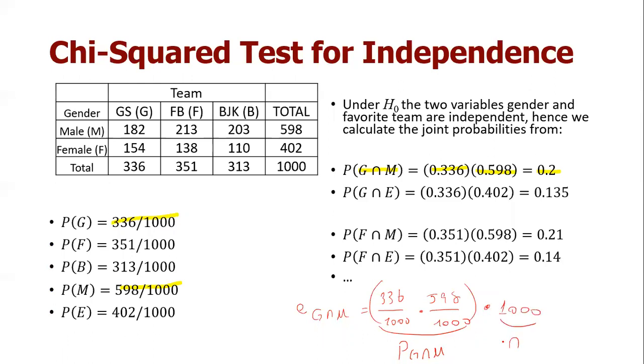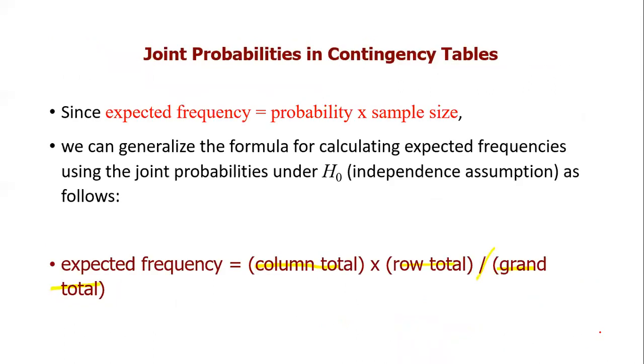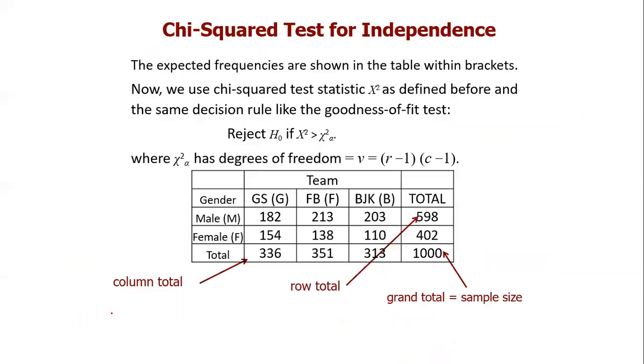These just cancel, hence this is equal to 336 times 598 divided by 1,000. So this is exactly the formula given here: the column total times the row total divided by the grand total.